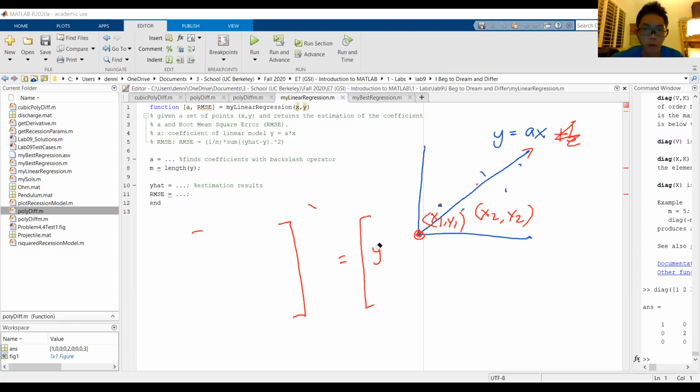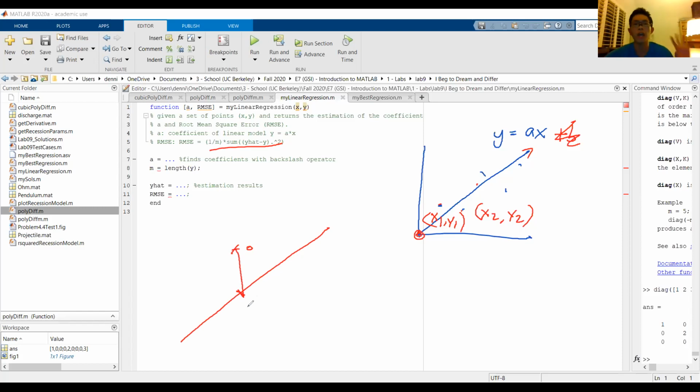And let me get rid of this so I have space to write. Root mean square error. You may have seen this before. If not, the idea is you want to minimize the sum of the squares of the residuals. What that means is this. Here's the line, here's a point, and this right here is called the residual. It's like the error. That's another way to call it.